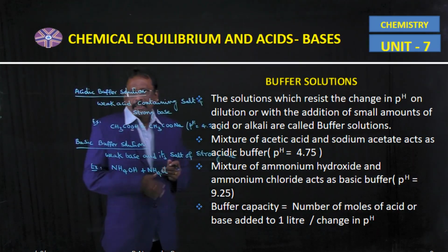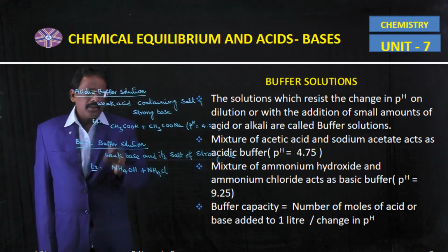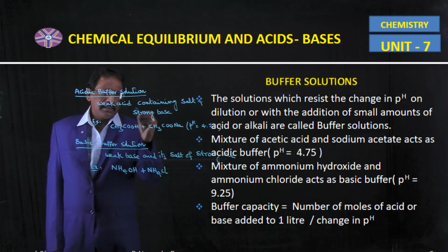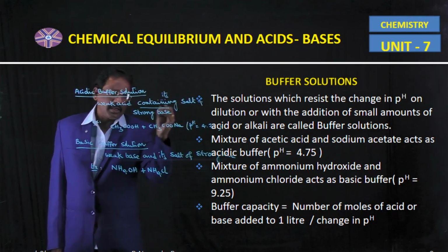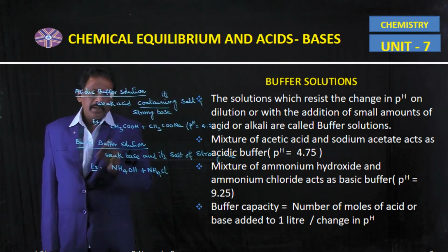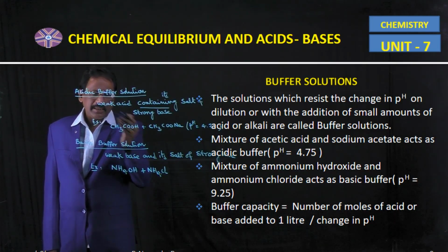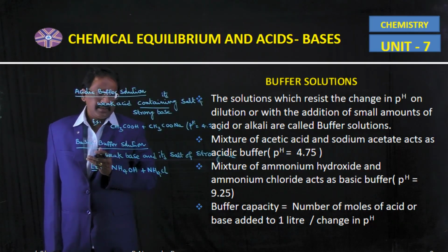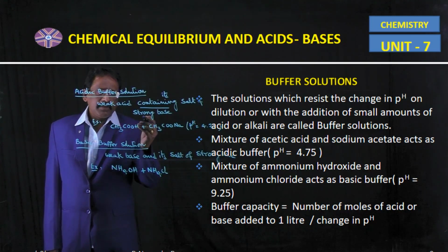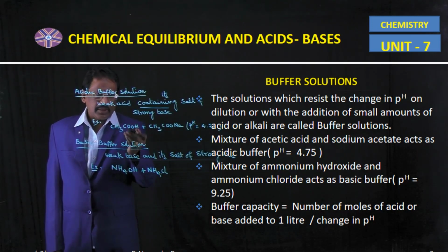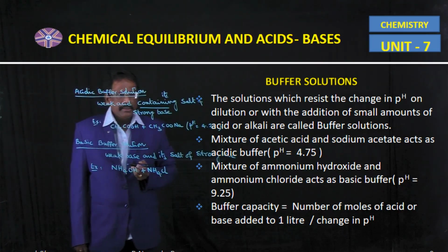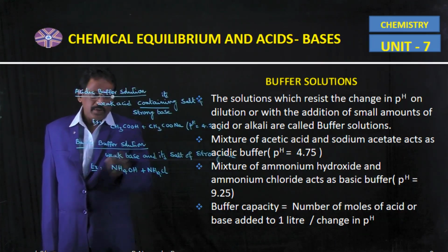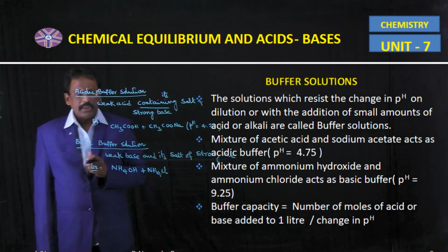Acidic buffer solution contains weak acid and its salt of strong base. Here weak acid is acetic acid. If it combines with strong base like caustic soda, the salt formed in that reaction is sodium acetate. So the mixture of these two is said to be acidic buffer solution.